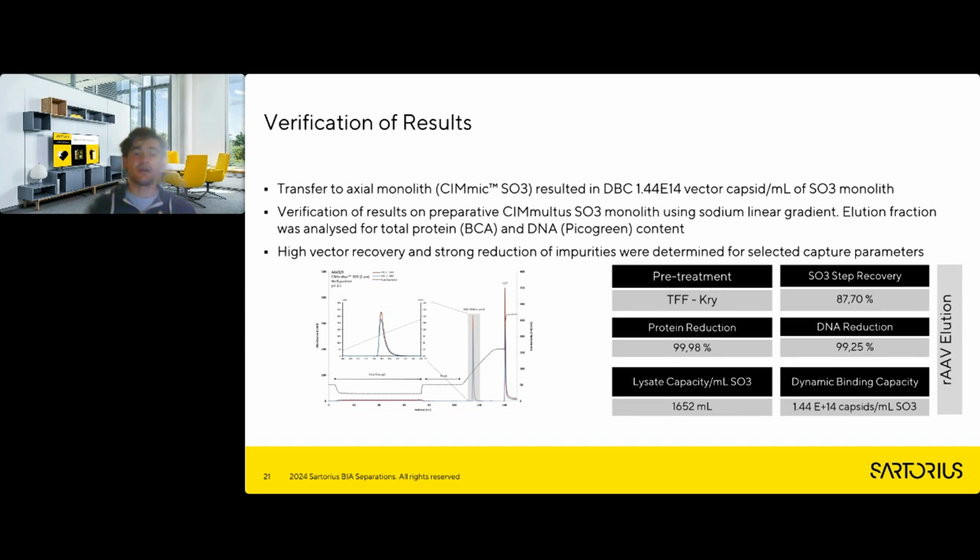So we verified the results, took the best loading buffer, and transferred that to our first CMYC disks. Then we did a verification on our smallest column, 1 milliliter, with a sodium chloride linear gradient, and analyzed our fractions for total protein and total DNA content.